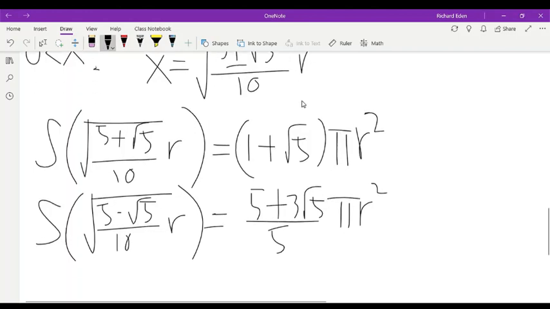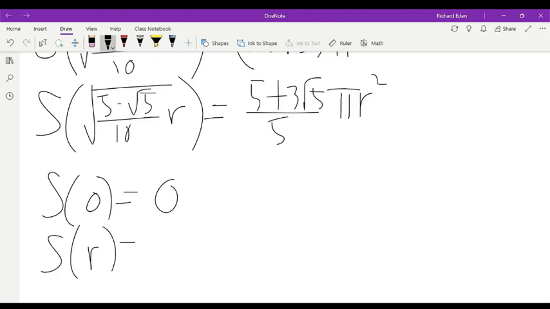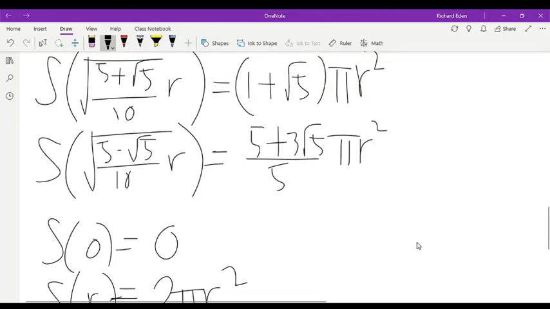And then you have s at 0. S of 0 is 0, and s of r is 2 pi r squared. Now it's just an issue of determining which is the largest. All of them have a coefficient of pi r squared, and this, after calculator work, turns out to be 2.342.